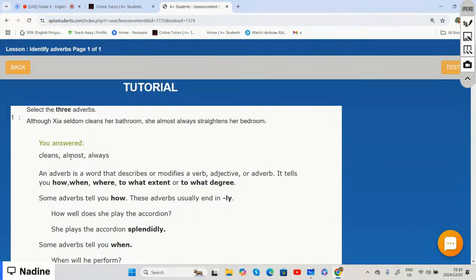All right, so now we're going to select three adverbs that either tell us about the verb or describe the verb.